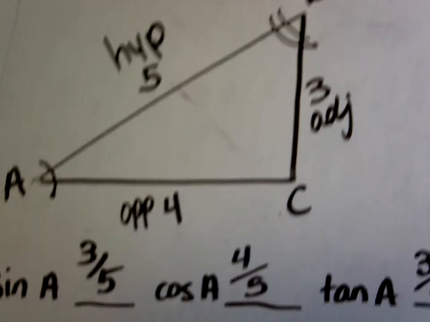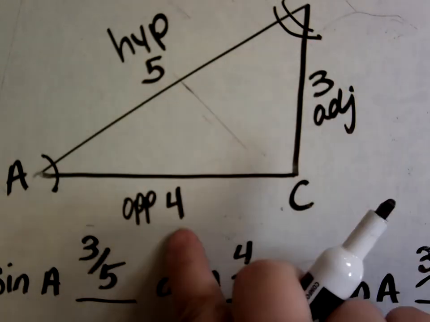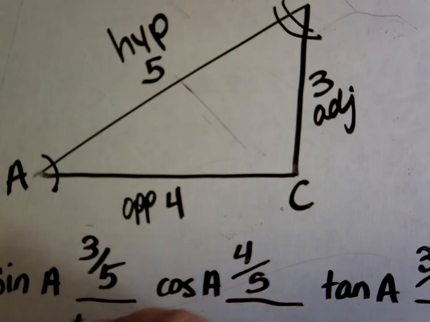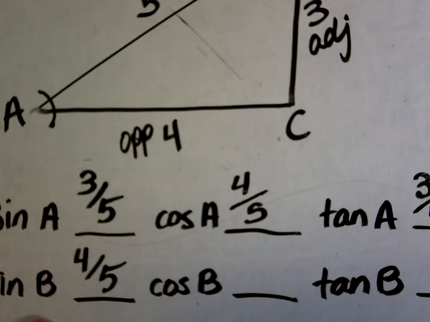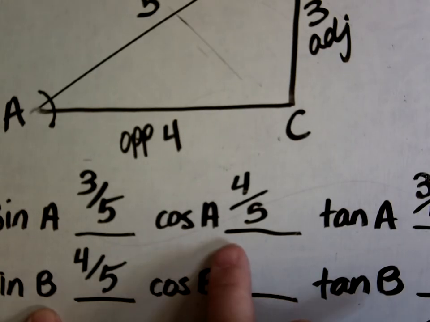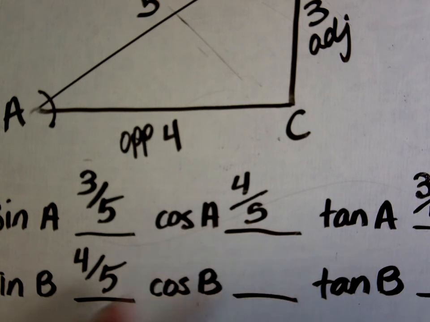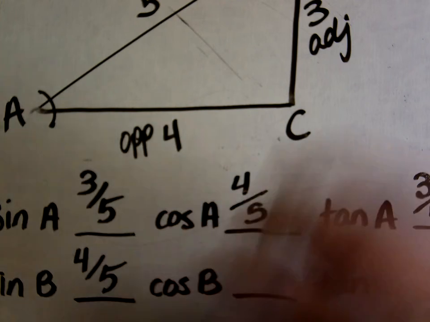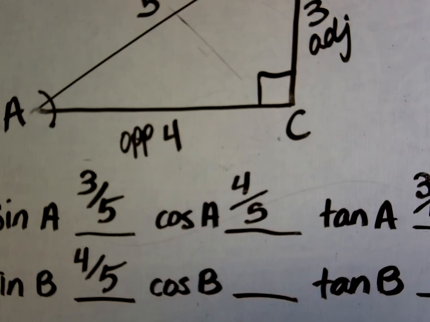In other words, the sine here is 4 over 5. That's the sine of B. Notice the cosine of A was 4 over 5. So the cosine of one angle is the sine of the other angle when we're talking about the two acute angles. Not the right angle, but the two acute angles A and B here.